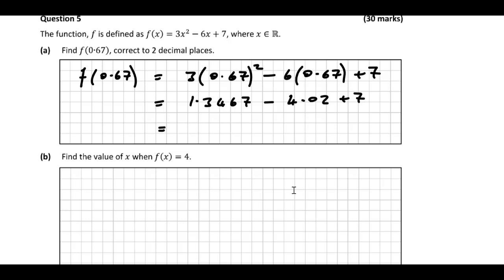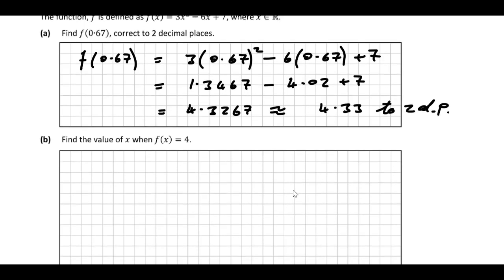So you've got 1.3467 minus 4.02 plus 7. And that gives you 4.3267. So that's going to be approximately equal to 4.33, and that's to 2 decimal places, which is what we were asked here.